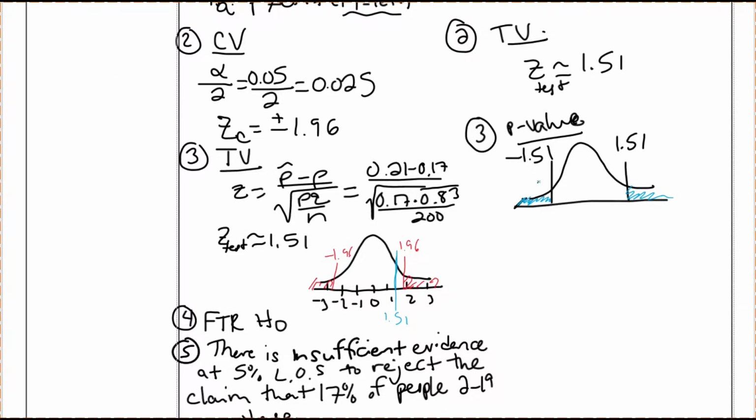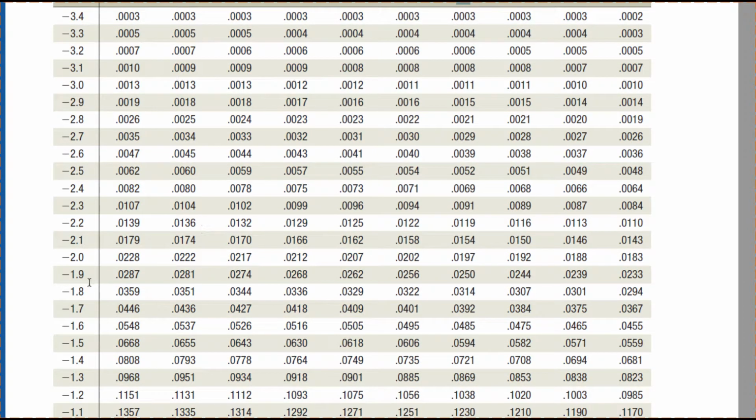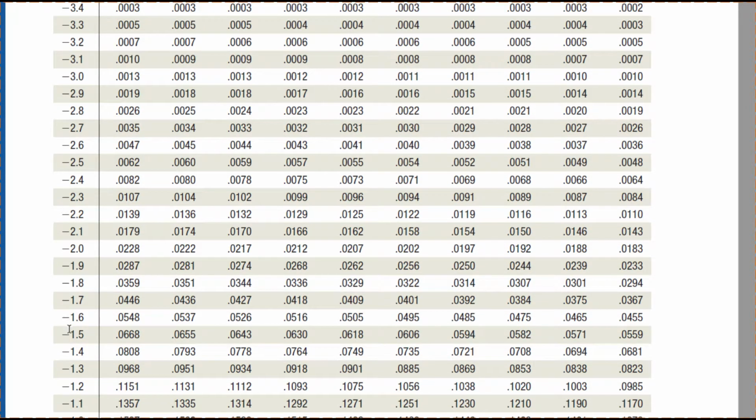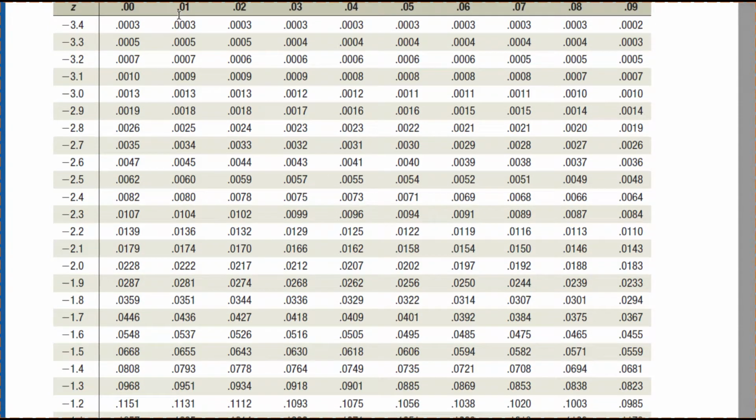So in order to do the p-value, you need to look up the area for both of these and then add them together. I'm just going to find the area for one of these and then double it because it's the same on both sides. So I'm going to look up the area for negative 1.51. So looking up the area for negative 1.51, we have negative 1.5 and 1 for the z.